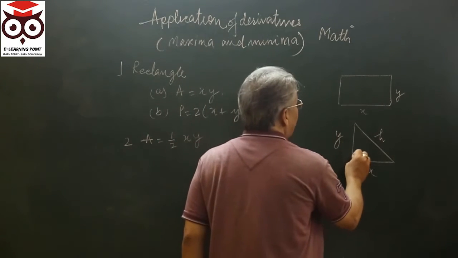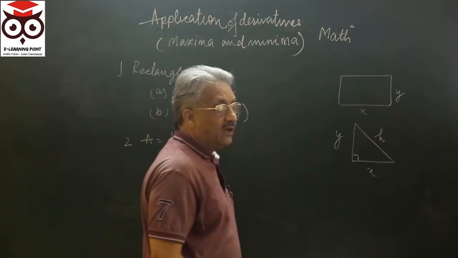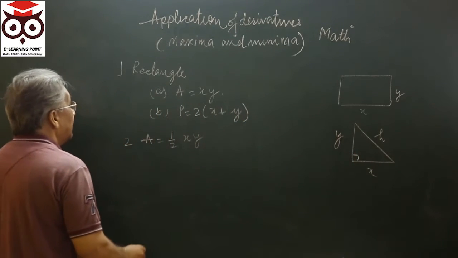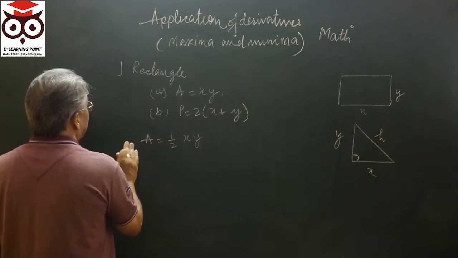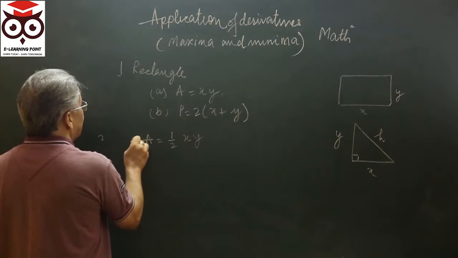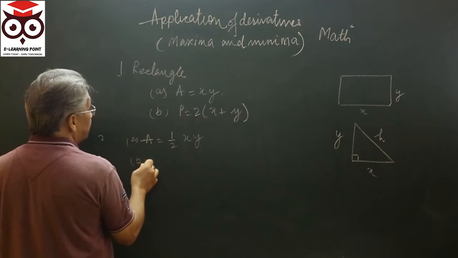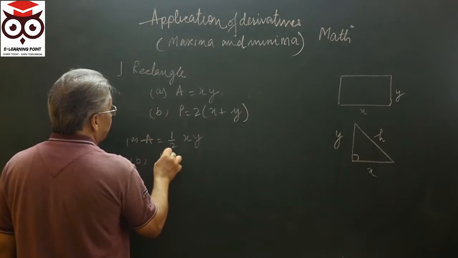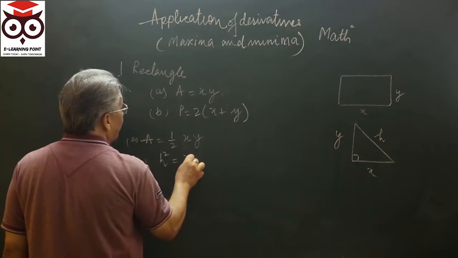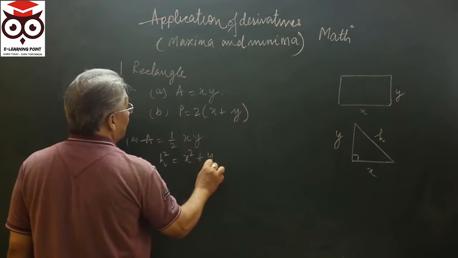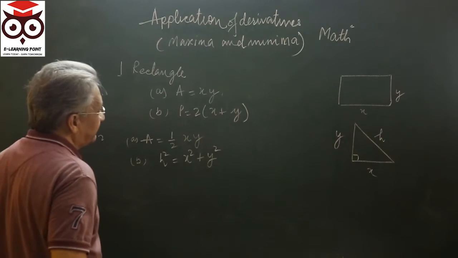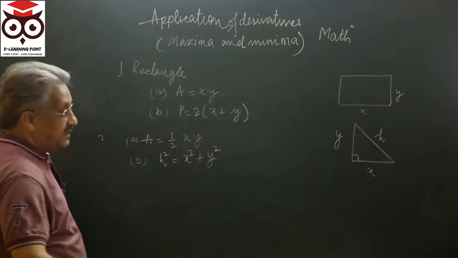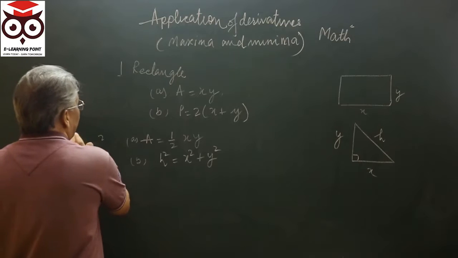This is for the right angle triangle, not other kinds of triangle. And what is another formula for it in the second case? This is your first formula, and the second formula is the square of the hypotenuse is equal to the sum of the squares of the two other sides. So these are the two important formulas.